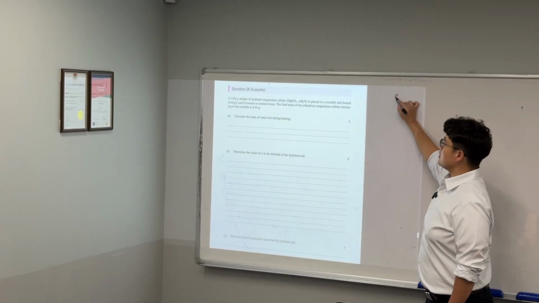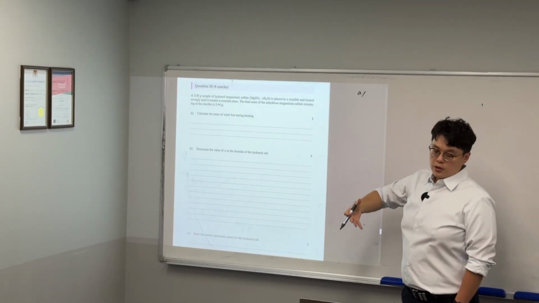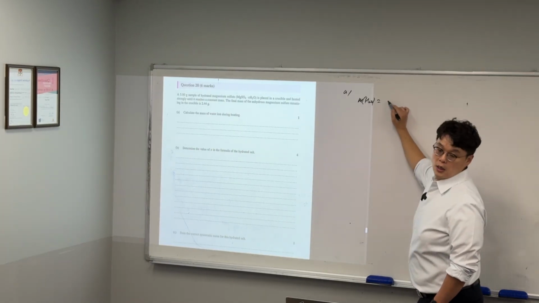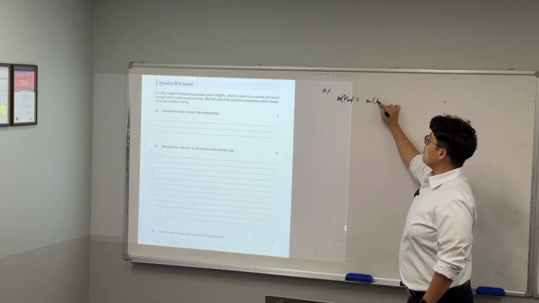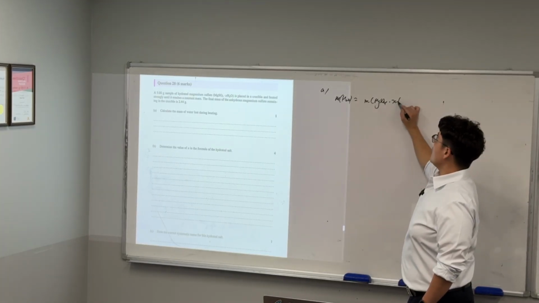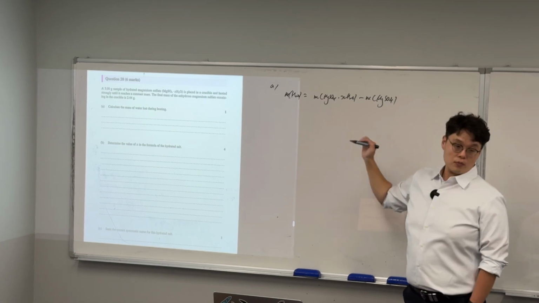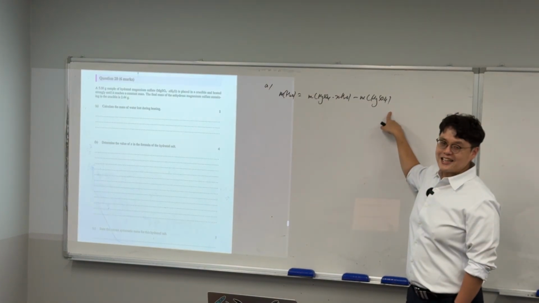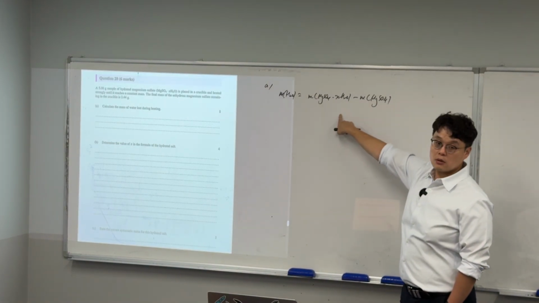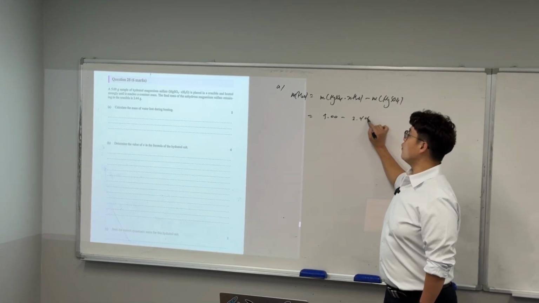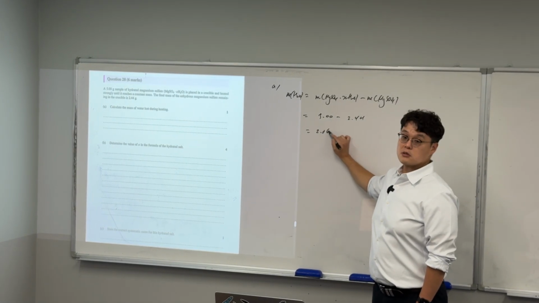Starting with question A: the mass of the water lost during heating is the mass of MgSO4·xH2O minus the mass of MgSO4. That's what I mean by hydrated or anhydrous. Given 5 grams minus 2.44, you get 2.56 grams of water.